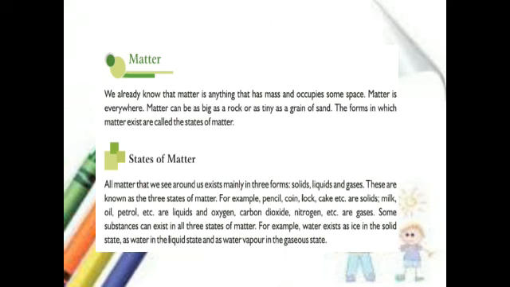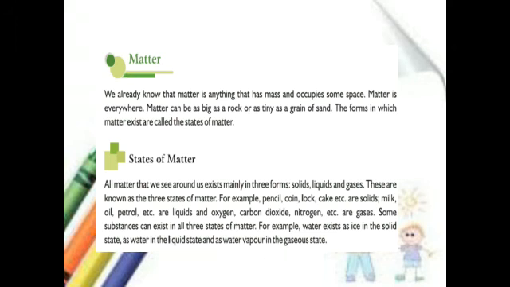Today we are going to discuss these states of matter in a detailed way in this chapter. All matter that we see around us exists mainly in three forms: solid, liquid and gas.